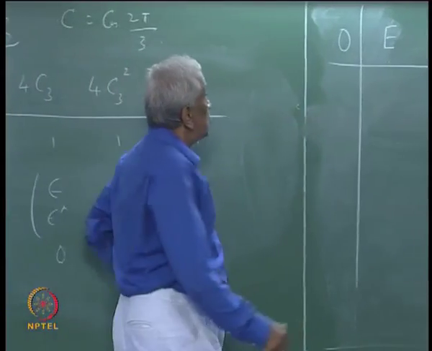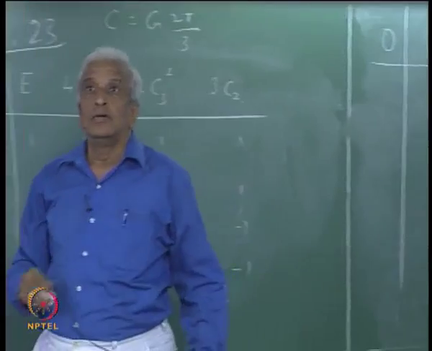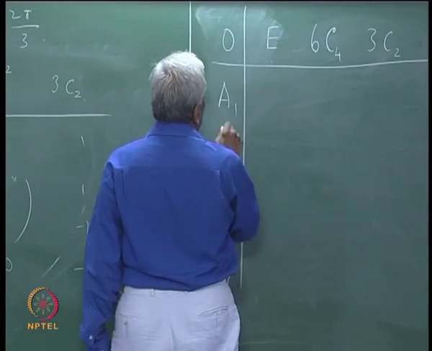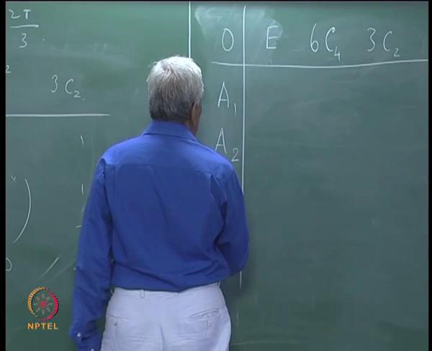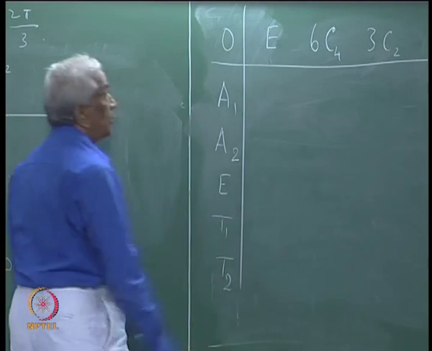Because of this you will have 5 irreducible representations. So, these will be A1, 1 dimensional, A2, E, T1 and T2, 2 dimensional and 3 dimensional here.